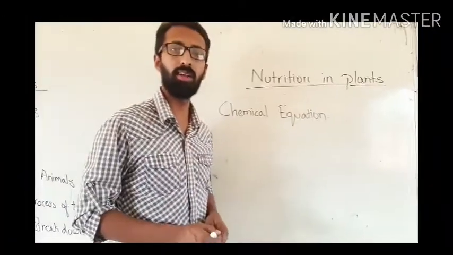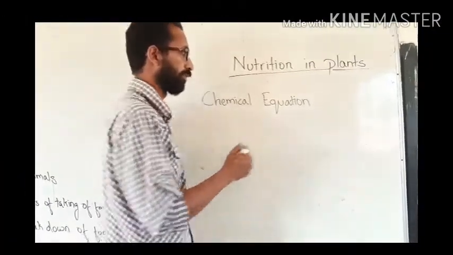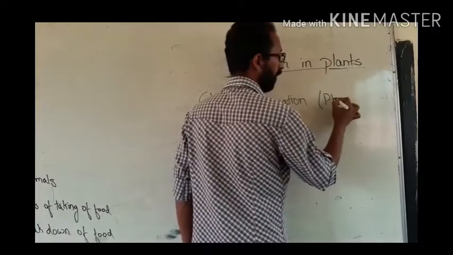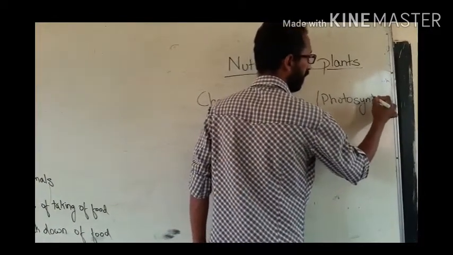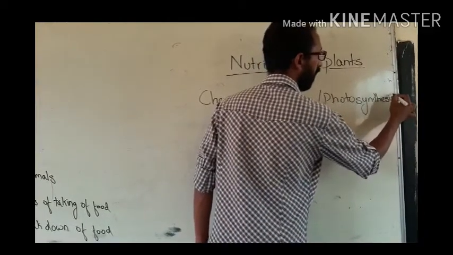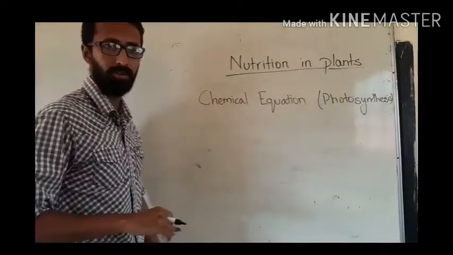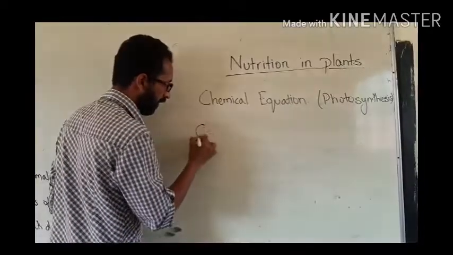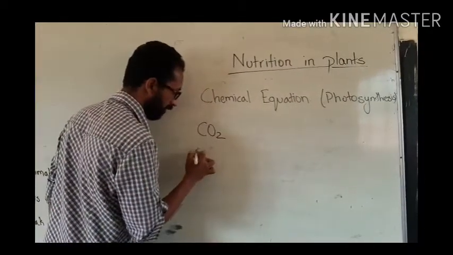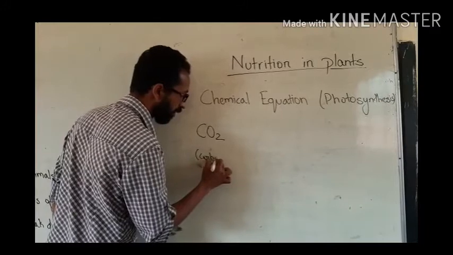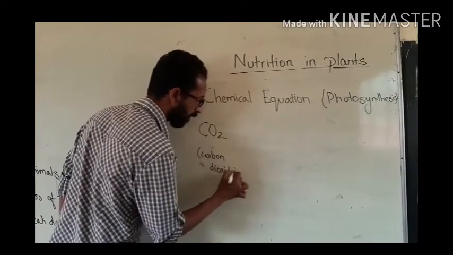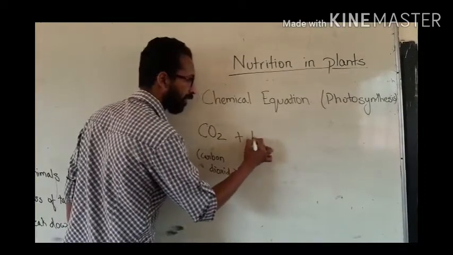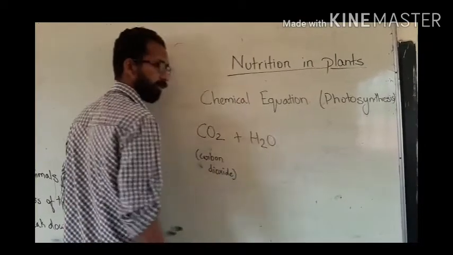So now we will learn the chemical equation of photosynthesis. We have learned that carbon dioxide plus water.